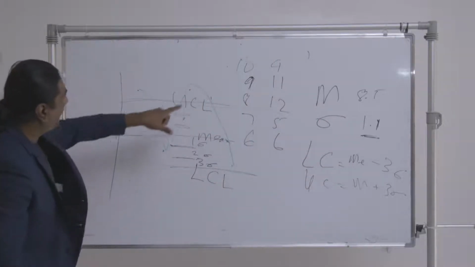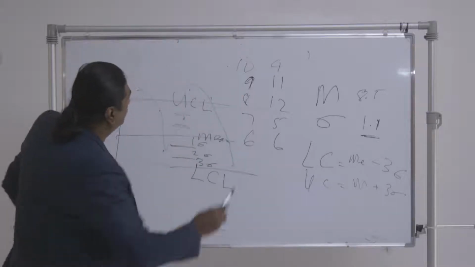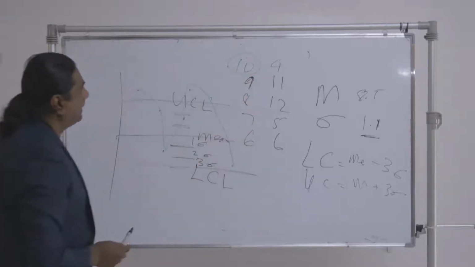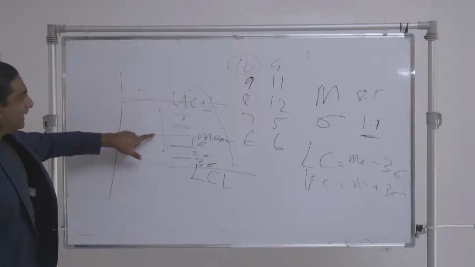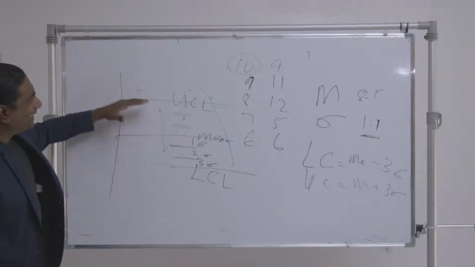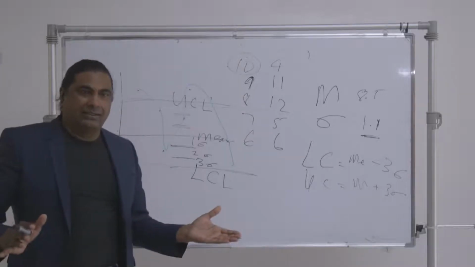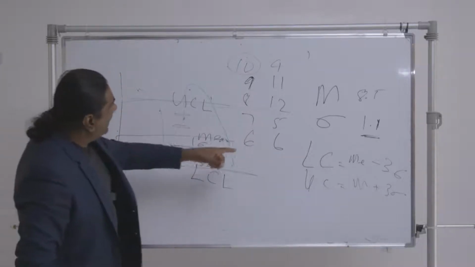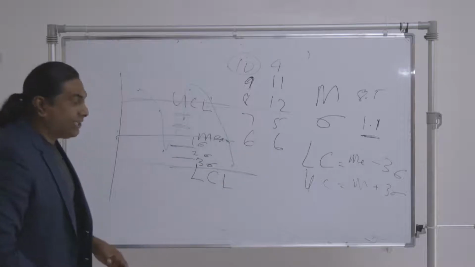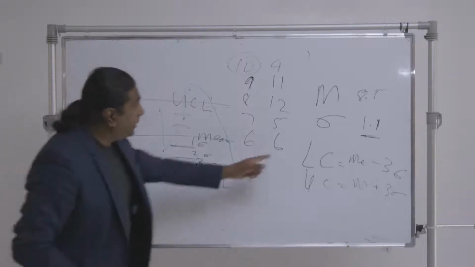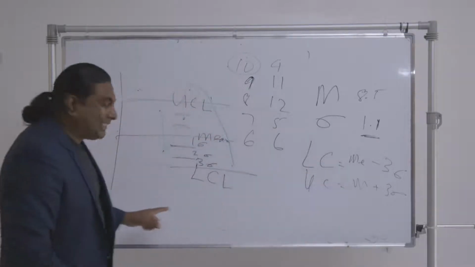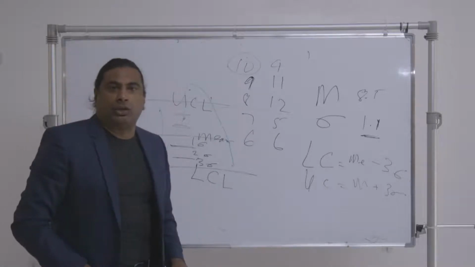So we know patient 1 took 10 minutes. That was above the mean, but it's within the upper control limit, so it's fine. We know that one patient took 5 minutes, which was very short. It's below the mean, but it's still above the lower control limit.